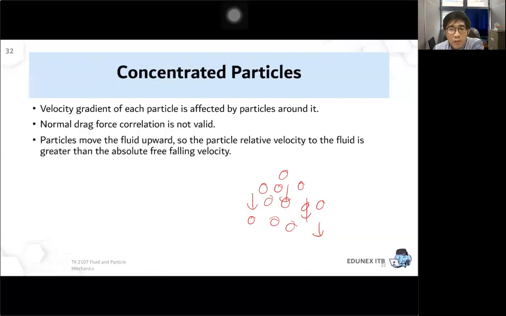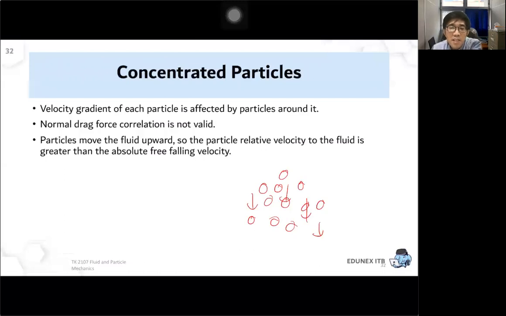So when we deal with concentrated particles, it will be very complex. The derivation of the equation will be very complex because the normal drag force correlation for one particle will not be valid. You cannot just calculate the weight force for each particle and then sum all the forces.